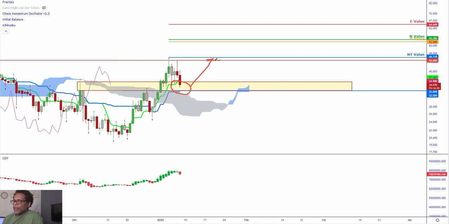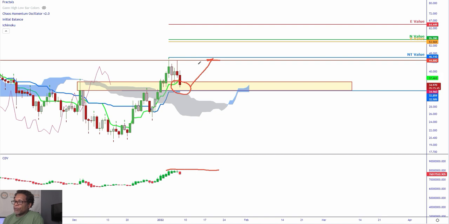Now, when we get up here again, if you get another top up here, a double top, make sure you don't have divergence in your cumulative volume, because this is going to show you the strength of the move based off the smart money, the institutional traders. You'll be able to see if institutional traders are with this move higher or not.